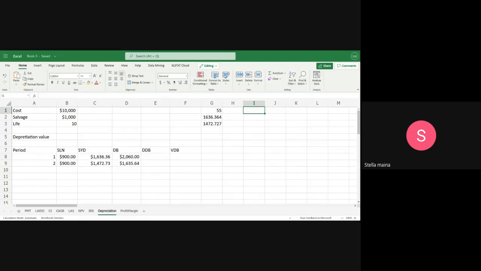So it sets the fixed rate, and it does 1 minus salvage cost, divided by the cost, and all that raised to 1 over the life.